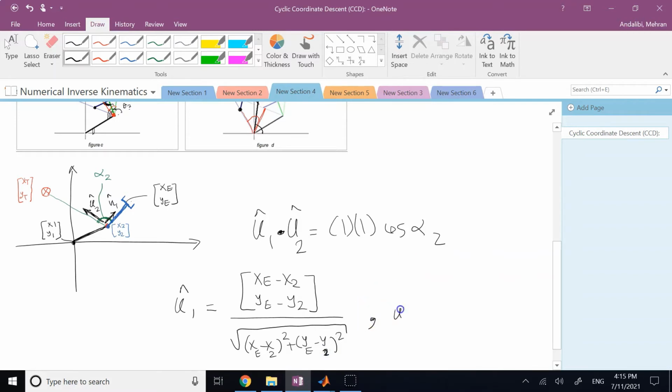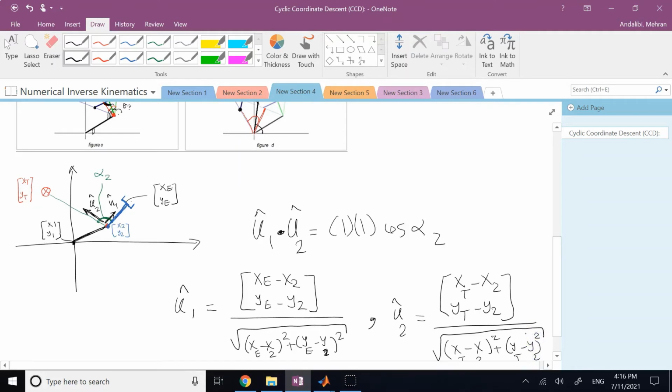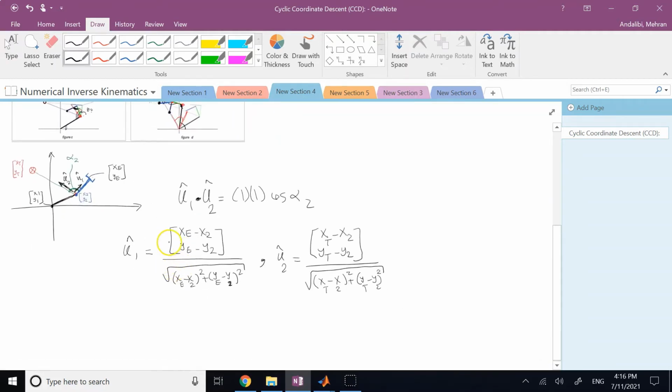And U2 is similar, but it connects your joint 2 to the target point, so it is x of target minus x of 2 and y of target minus y of 2, and then divide this again by its magnitude. Done. I have all of these numbers: x of the end effector, x of 2, y of 2, y of the end effector, x target, y target. They all can be calculated. So U1 and U2 are completely known at each iteration.